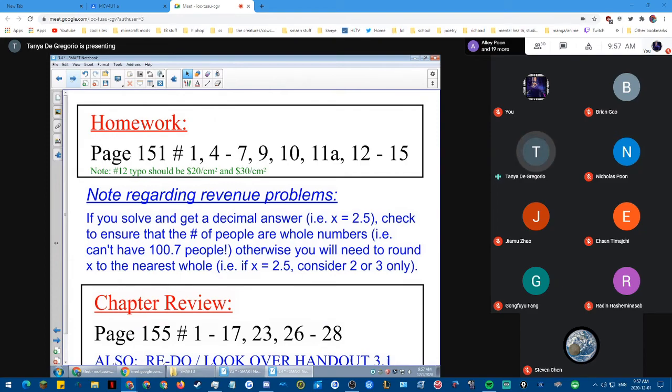Depending on the question, sometimes you round down and sometimes you round up, whatever makes sense.